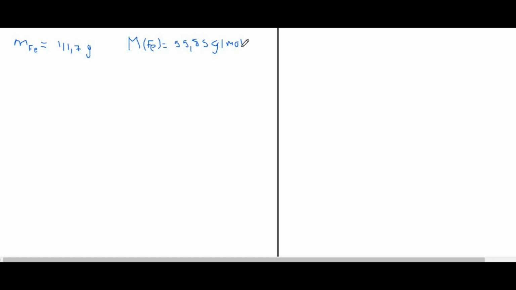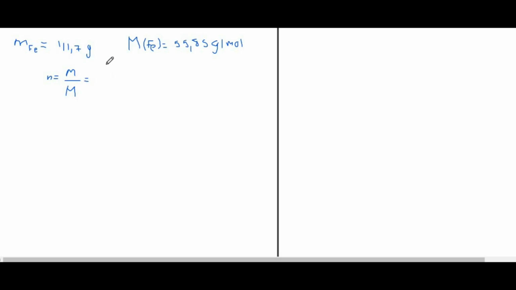Okay, right? Now remember our equation: the number of moles, we spoke about this, equals small letter m divided by big letter M. That's the mass in grams, and this is the molar mass in grams per mole.